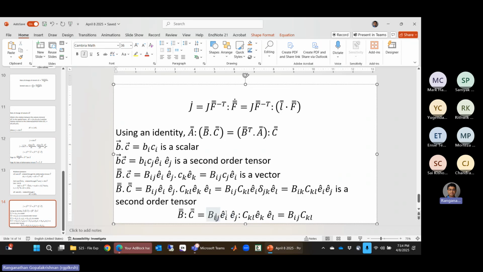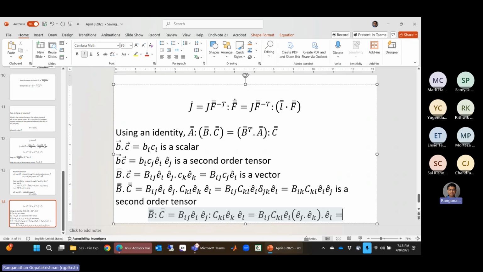You'll have e_i, and then e_j dot e_k, I'll put those within a parenthesis. And you may be wondering where is the other dot? I'll put dot e_l. So I'll have delta_jk and delta_il.